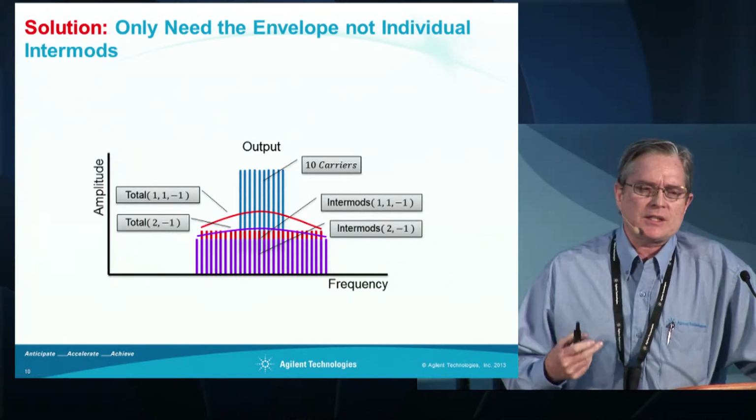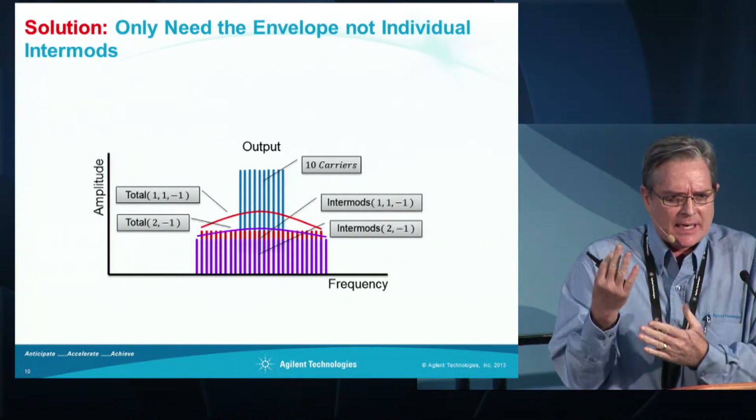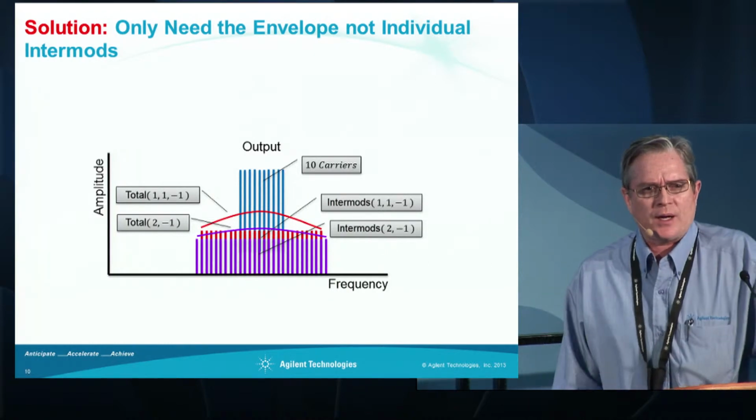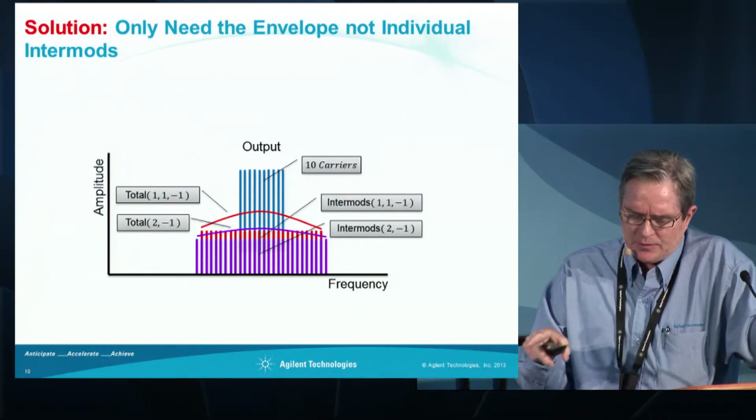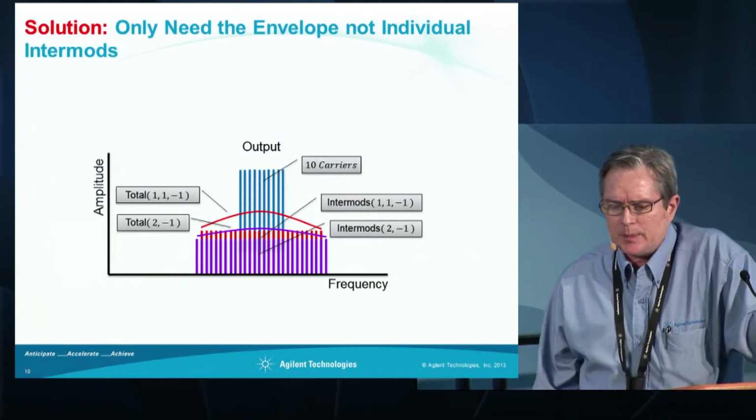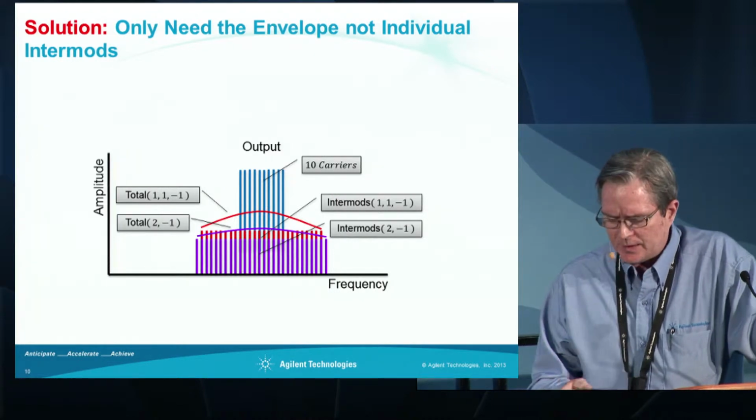Several intermods fall at the same frequency when you have multiple carriers, and these intermods add up, and we get this total trace, this total envelope. The carrier triple beat would be the signal level, the red shape there in the middle of the graph.